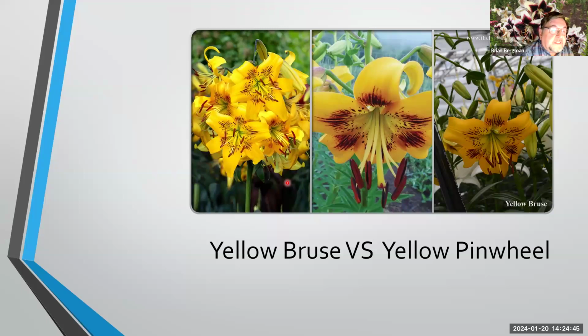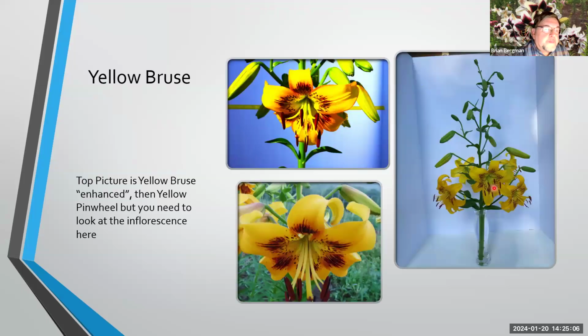B&D had the center picture as Yellow Pinwheel. That was from their catalog. From Lily Nook on the right-hand side is Yellow Bruce from his catalog. Now, they're all slightly different. And go on to the next slide.